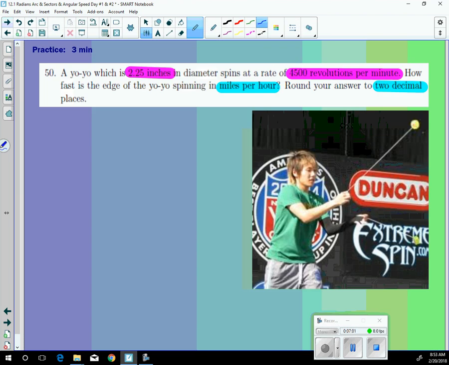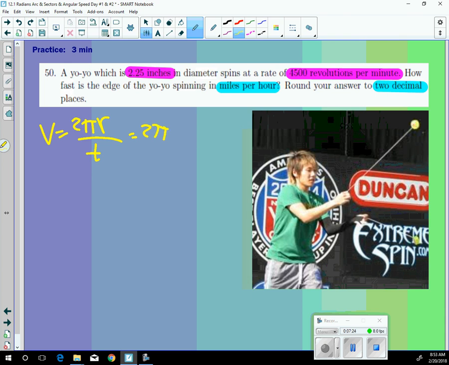Okay, so let's do a yo-yo here. Let's see if you can do this as best you can. Number 50, it says a yo-yo is 2.25 inches, 4,500 revolutions per minute. You want to find it in miles per hour. Let's do it together. So here goes. Speed is 2 pi r over t.